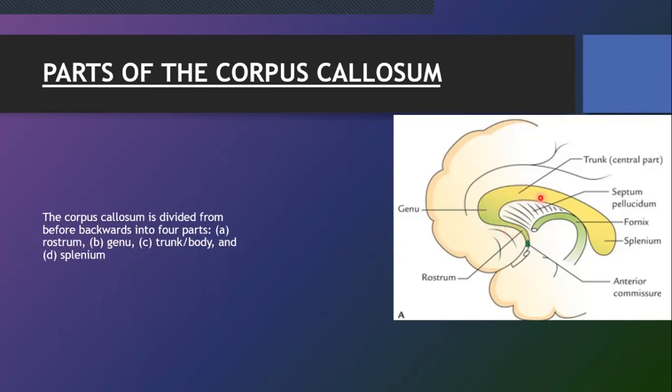Then you have the body or trunk. Then the splenium here. Then you can see here is the fornix, and these two fornices communicate with each other via the hippocampal commissure, or the commissure of the fornices. Then the corpus callosum is connected to the fornix by the septum pellucidum.